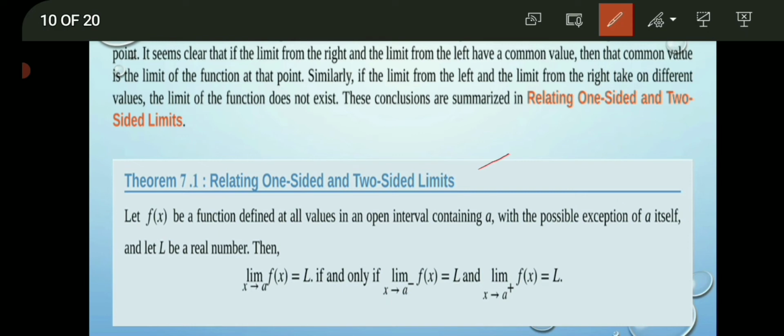Then the limit as x approaches a of f of x is equal to L if and only if the limit as x approaches a from the left of f of x is equal to L, and the limit as x approaches a from the right of f of x is equal to L.